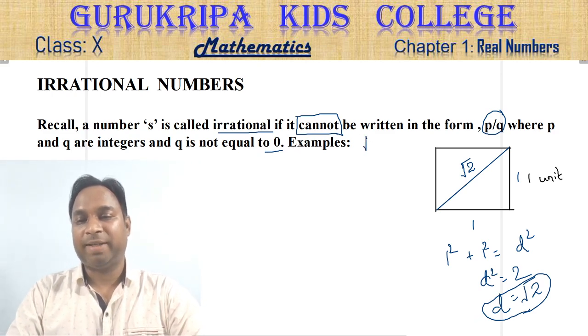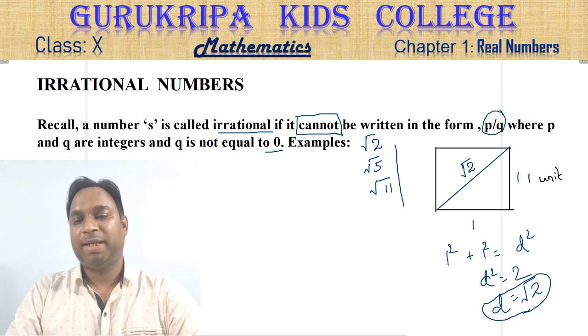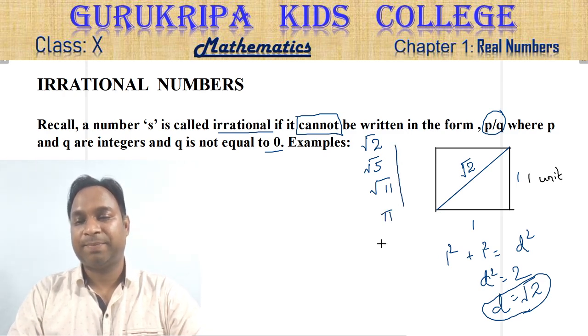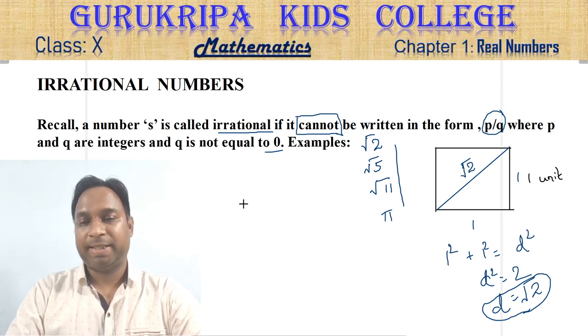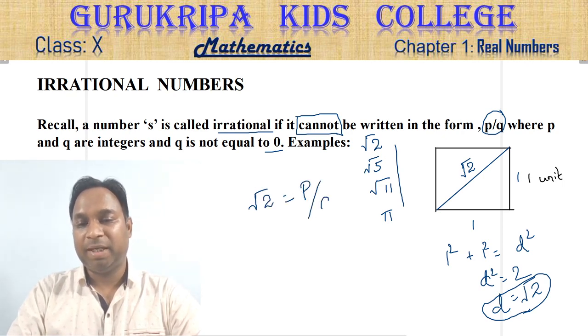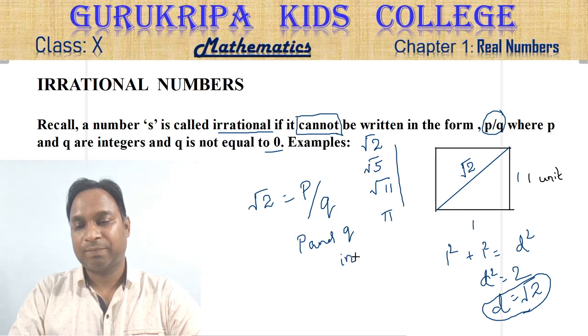And you already have examples like square root 2, square root 5 and so on, square root 11. So many numbers like this. Other than that, we have pi, which is an irrational number. So what is important is that the irrational number square root 2 cannot be written in the form p divided by q where p and q are integers.